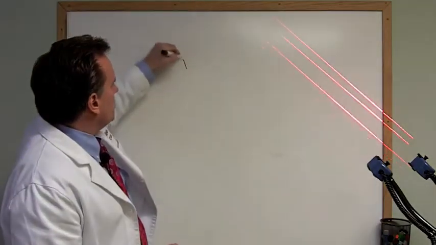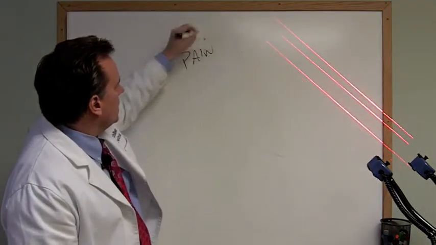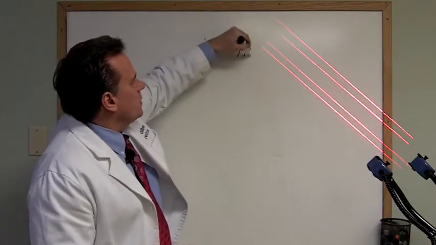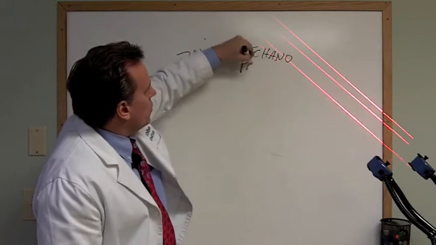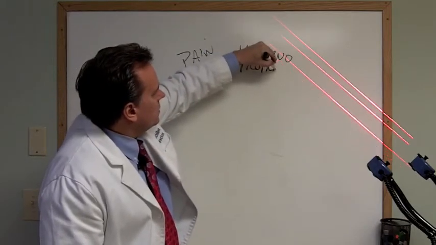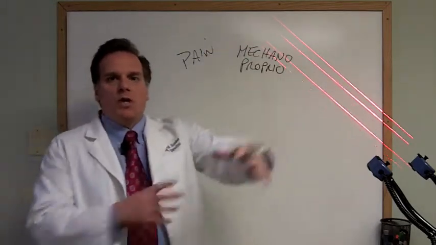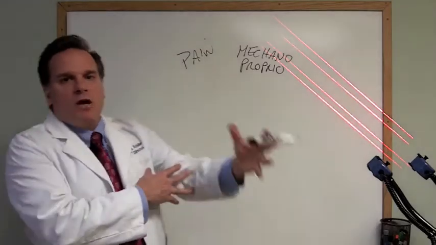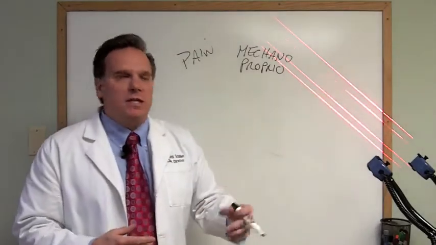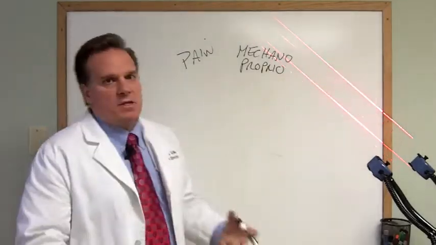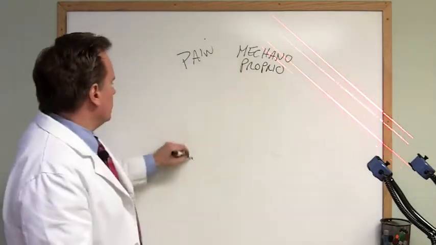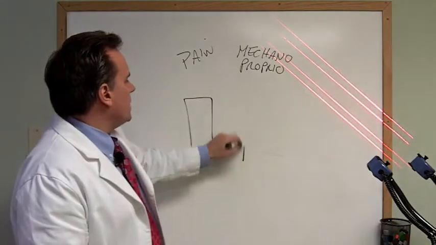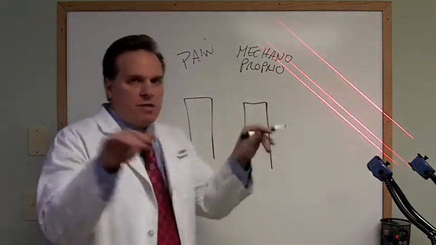You have nerves that deal with pain, and you have nerves that deal with mechano or proprioception. In other words, where is a joint or a muscle in space? Where is the position of that joint or that limb? Where is the length of the muscle? How is it doing? And they need to be firing at an equal rate.